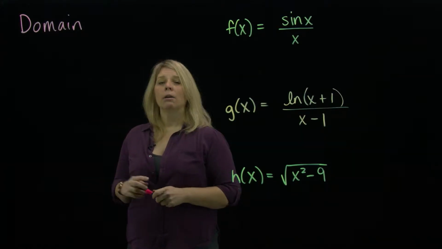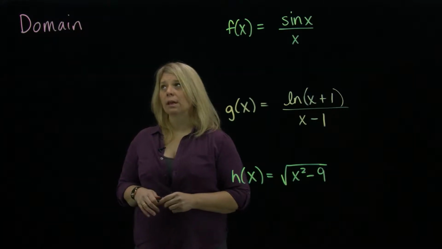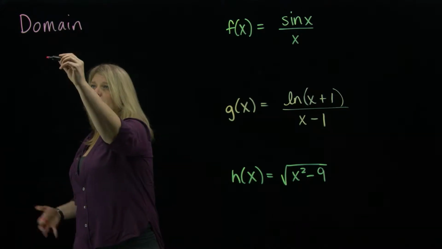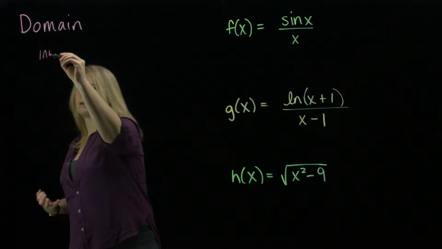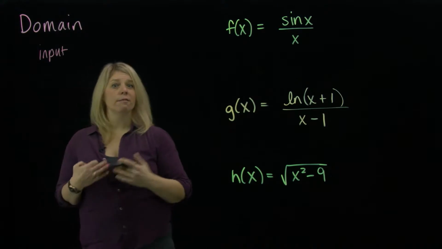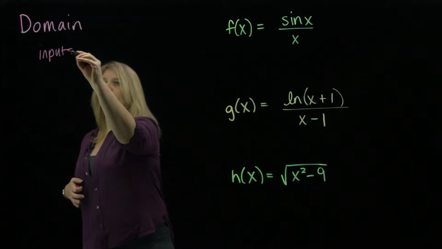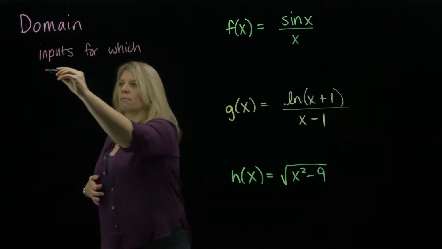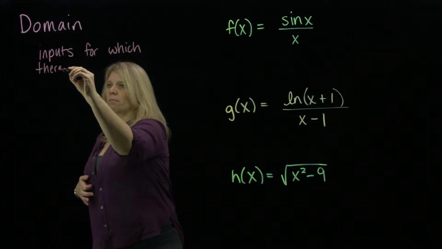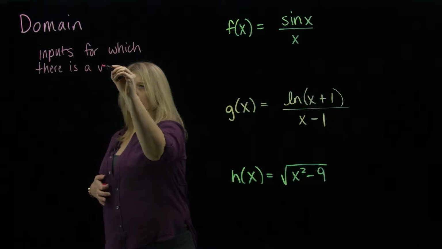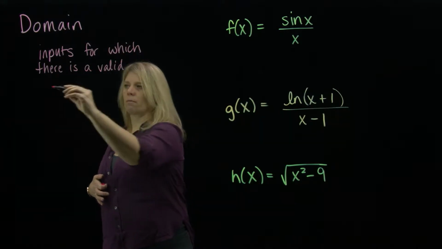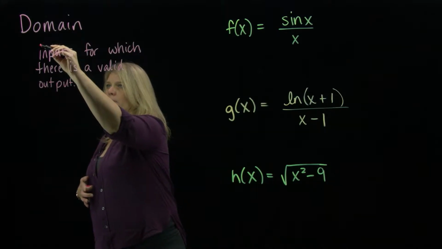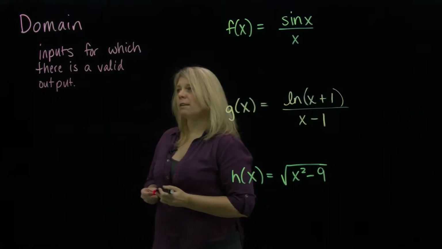So in general, when we think about the domain of a function, we're thinking about the values of input. For all of these I have x for the input here, but the domain would be the values of input for which there's a valid output.